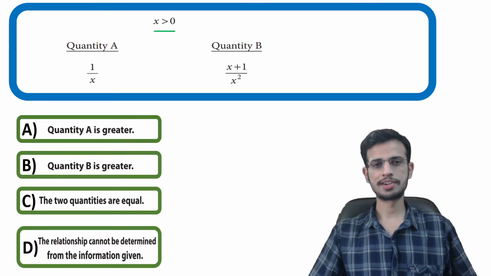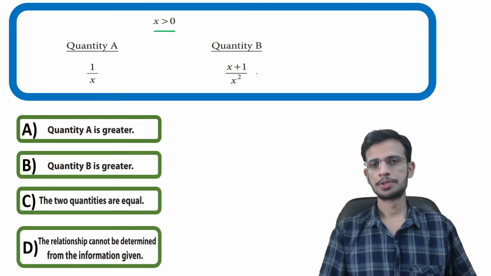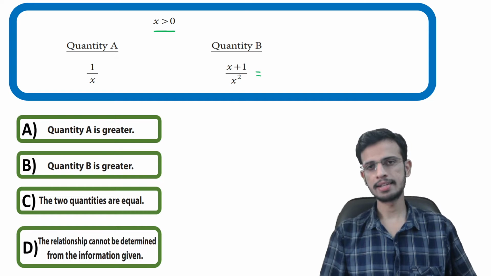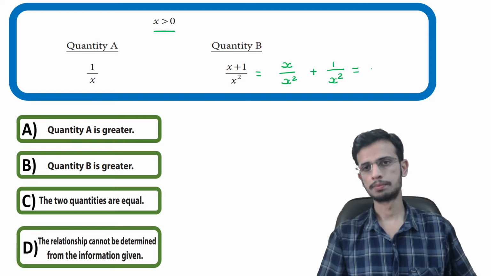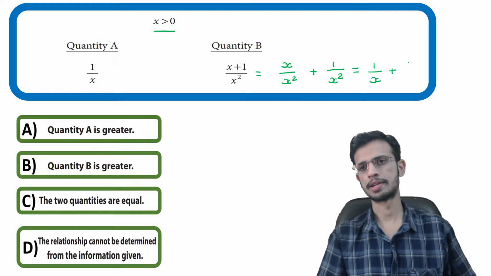So you can do all the calculations in verbal mode. If I simplify this, I will get x by x square plus 1 upon x square, right? That is equal to 1 upon x plus 1 upon x square.